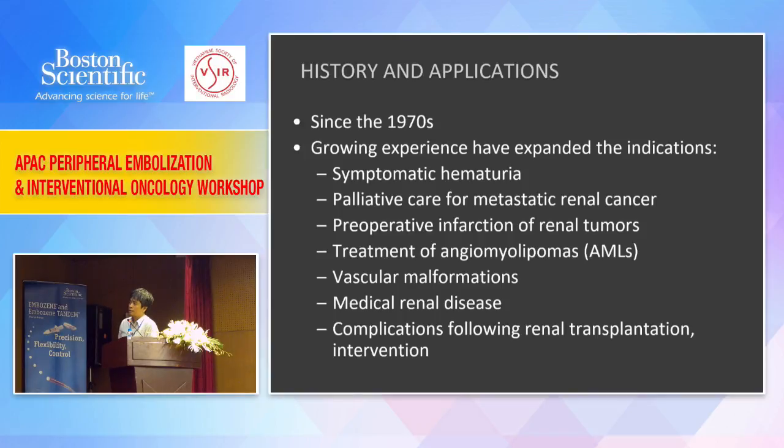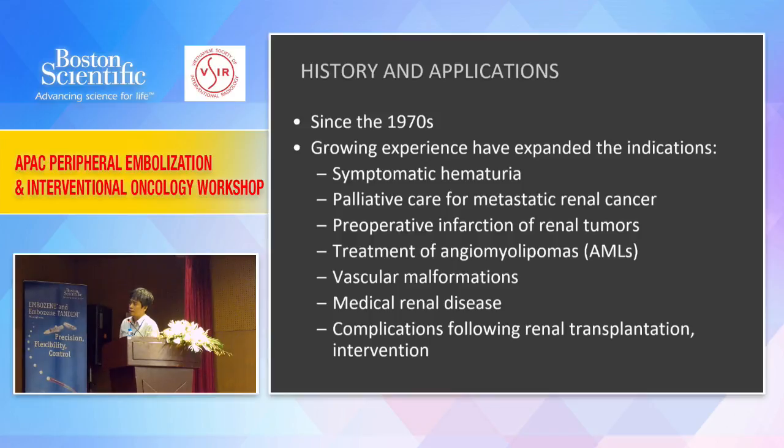Even in case there's an indication for the operation, there's also the indication for the angiography and eventually the embolization before the operation. And in case of a benign tumor like angiomyolipoma, embolization is the first choice. But the number of these patients is not large in the European countries.